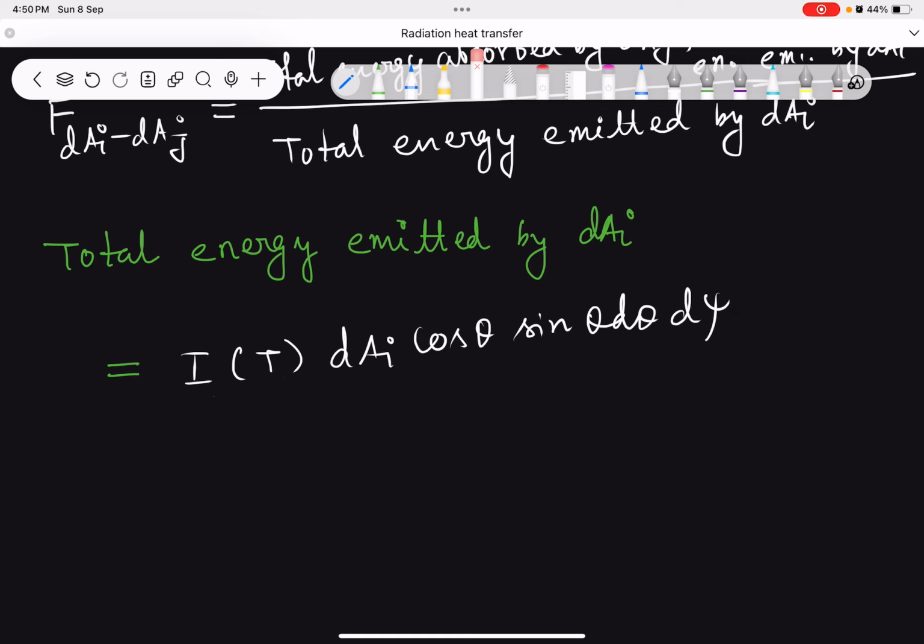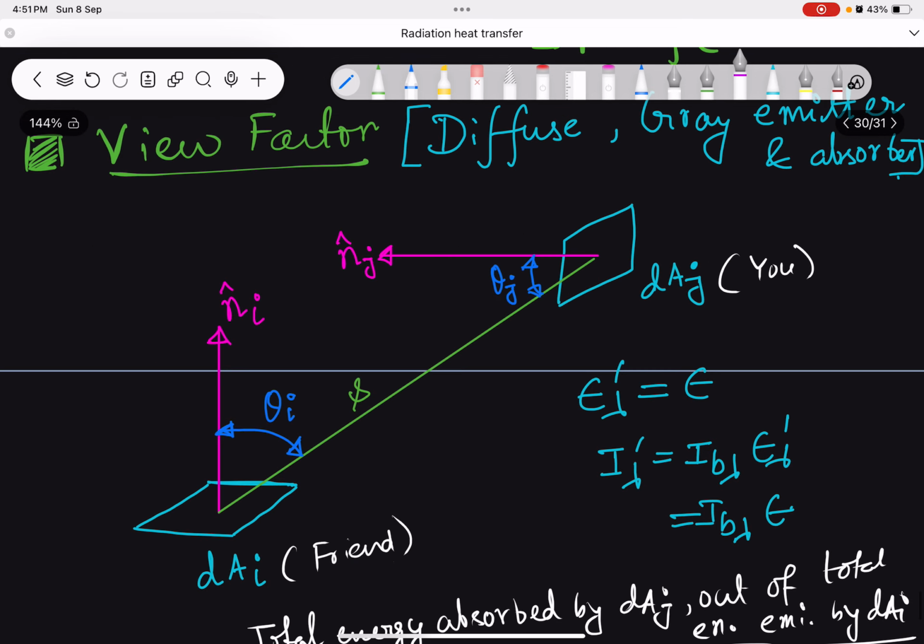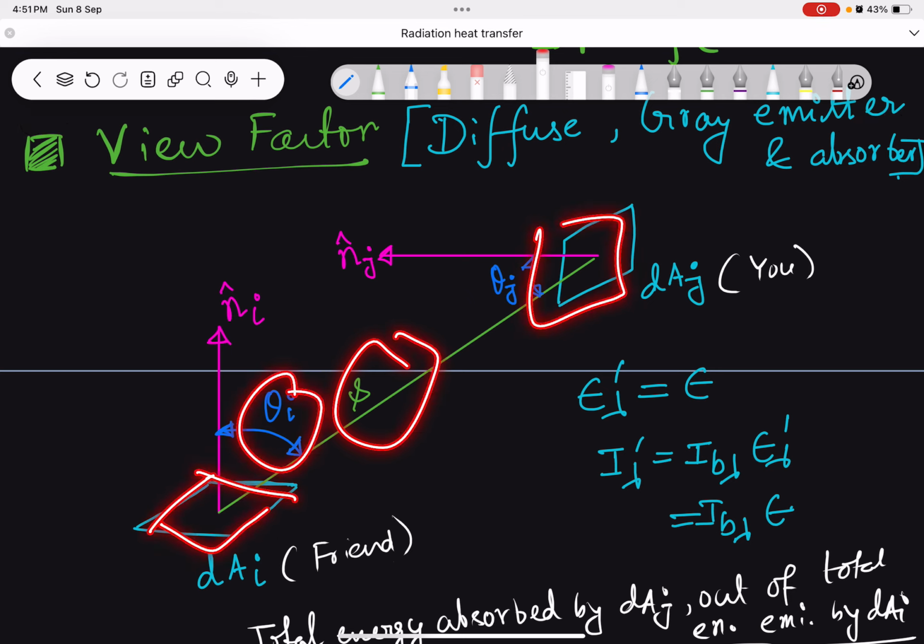Or you can say that this total analysis is done at a particular wavelength, because view factor has nothing to do with lambda. It is true for any lambda. It has only to do with the distance, that is this s, and the orientations of the surfaces.